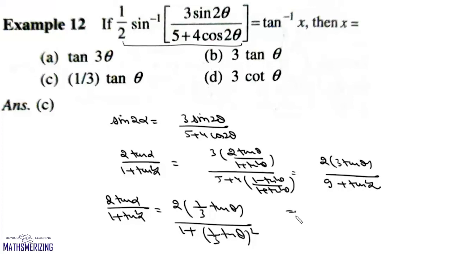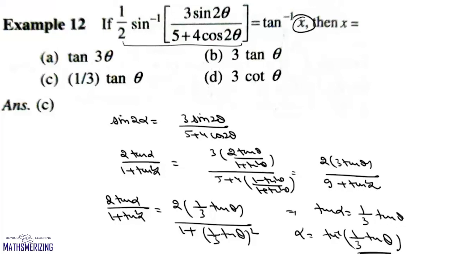Now we'll compare. We'll get the value of tan alpha as 1 by 3 tan theta. So value of alpha is tan inverse of 1 by 3 tan theta. So this value of x is nothing but 1 by 3 tan theta, and that's your option C.